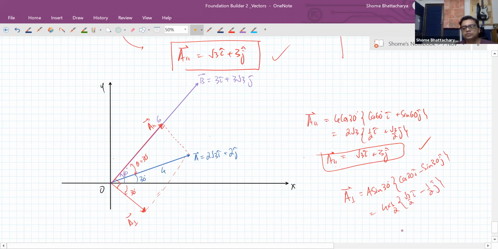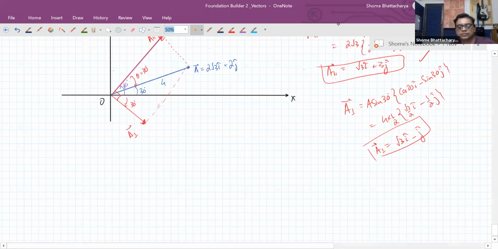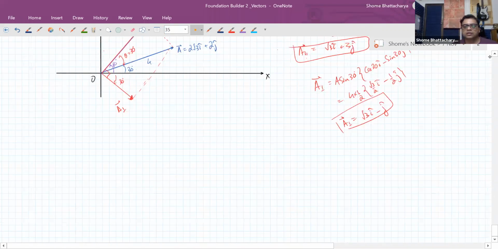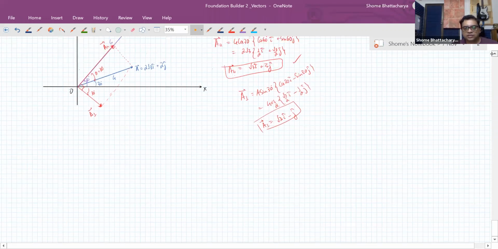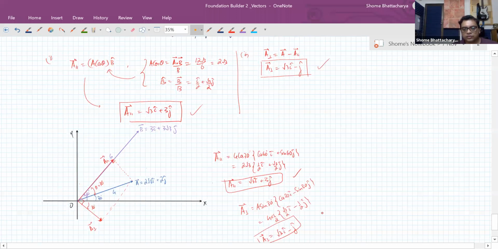So this component should become root 3 I cap minus j cap. This is the perpendicular component, and this is what we have got above also. So that's why I said that this question is somewhat easier to handle because you can also verify the answer by geometrically drawing A and B.